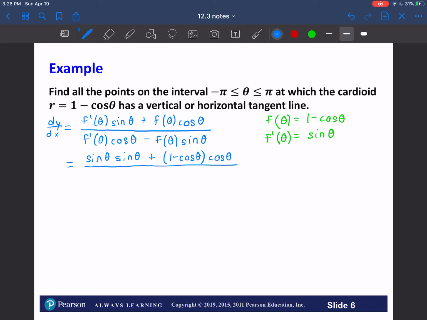F prime of theta is sine of theta, times cosine theta. Also, if you don't care to see the details on this, feel free to skip ahead to when I actually have written all this out. Might be a good exercise to go over, though.